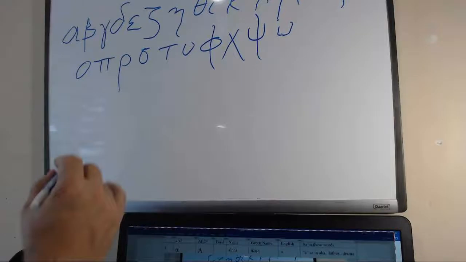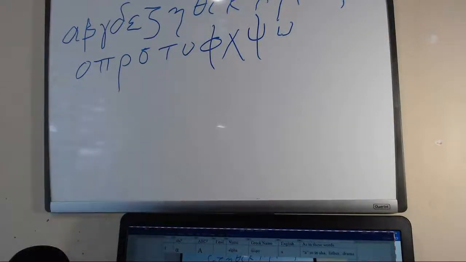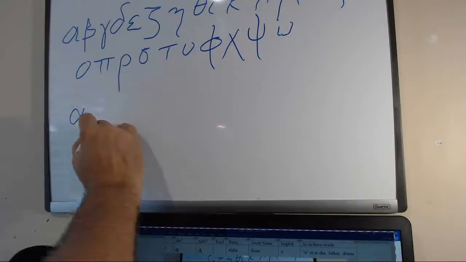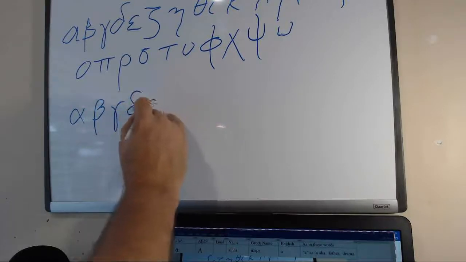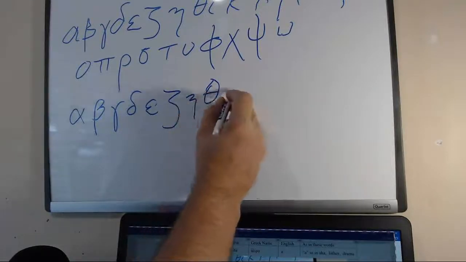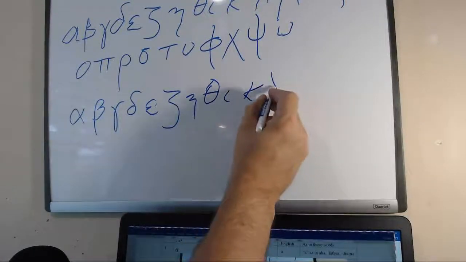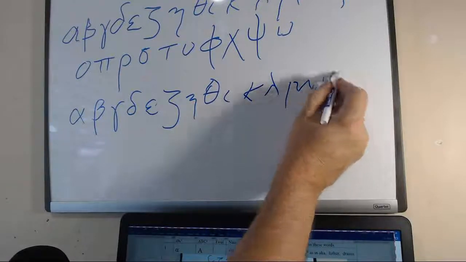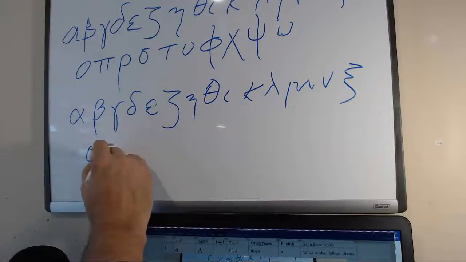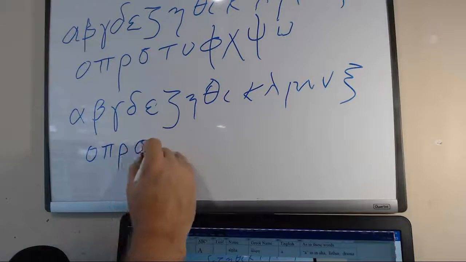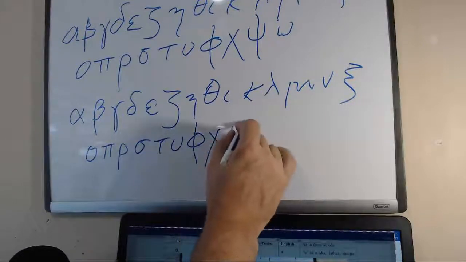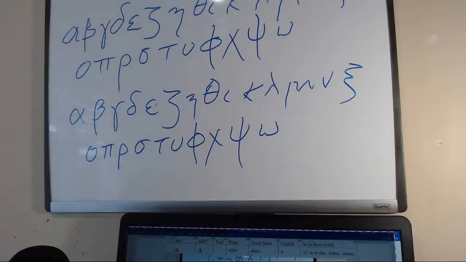Let me do that again. And you want to get where you can just write it out without thinking almost. Alpha, beta, gamma, delta, epsilon, zeta, eta, theta, iota, kappa, lambda, mu, nu, Xi, kind of hard to write, Omicron, Pi, Rho, sigma, tau, upsilon, phi, chi, psi, omega.